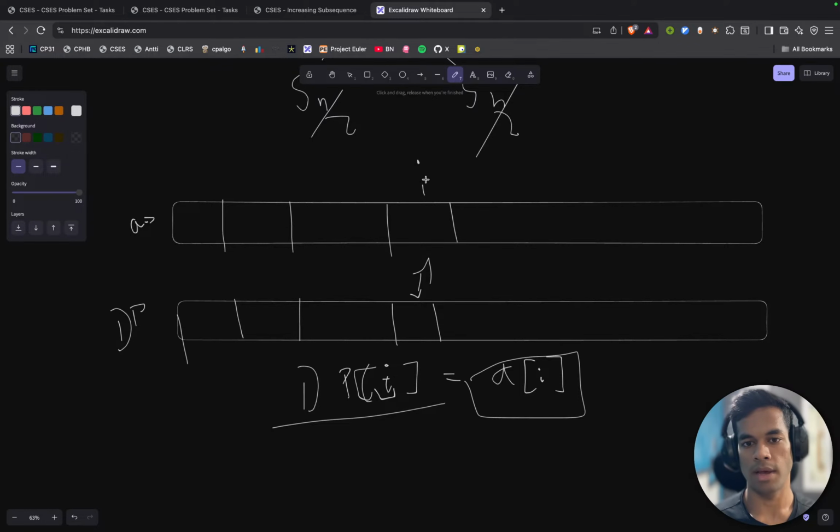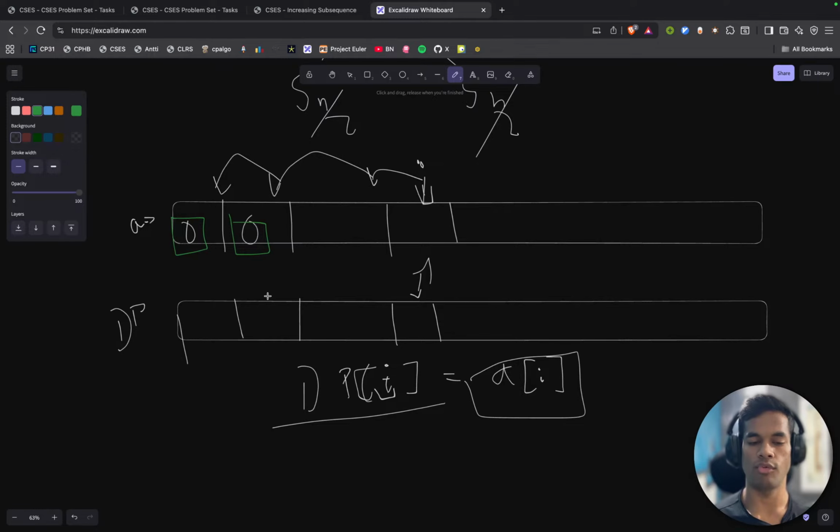So when I am at some index i, I will look at for which indices this a i could be appended at the last, and then among those, which number has the biggest value. That is all I need.